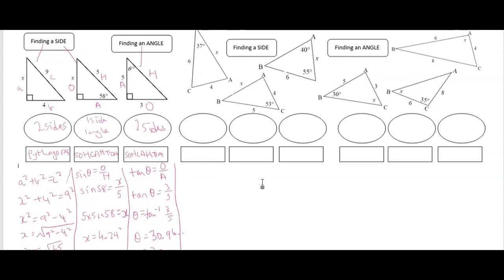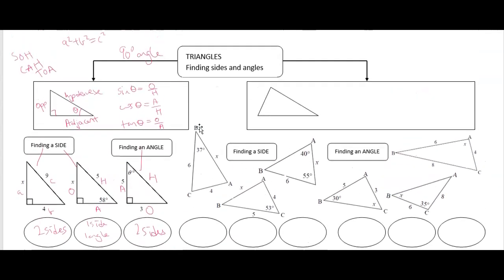All right, so there's your right angle triangles, remember, with 90 degrees. Okay, so let's look at non-right angles, so not 90 degrees. And there's one here. When you're labeling your triangles, we use capital letters for our angles.